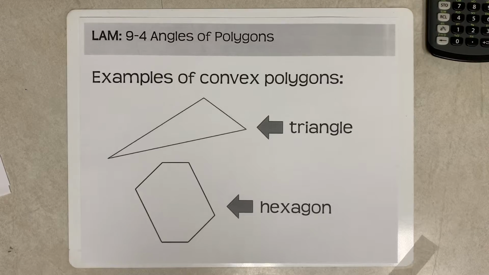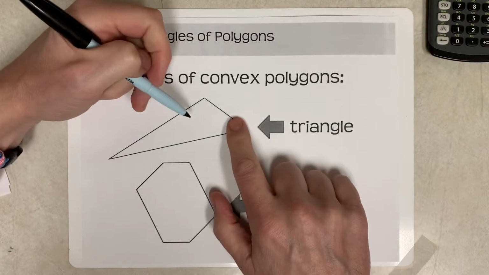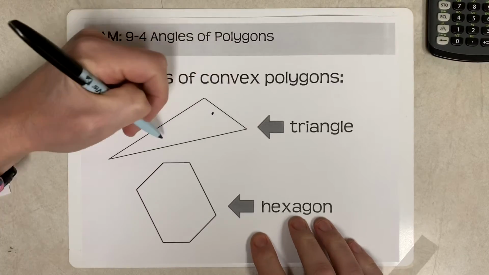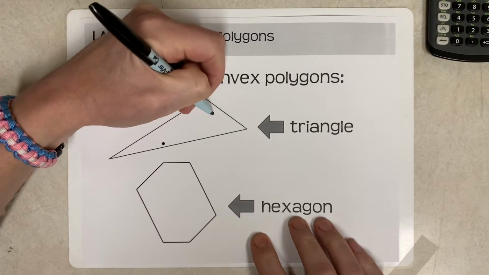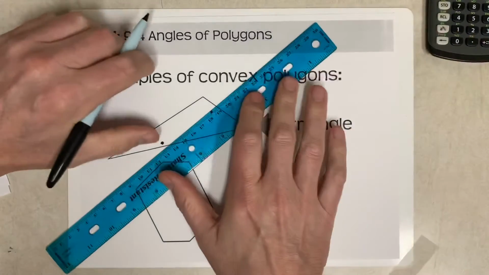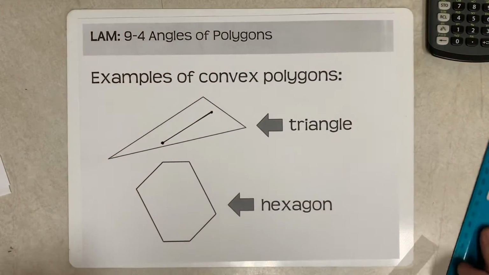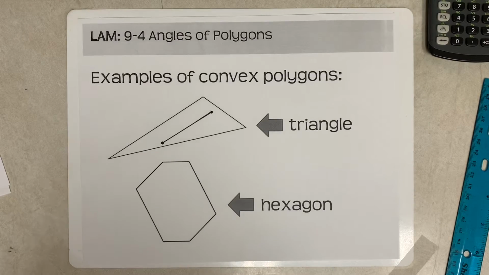So for instance, if I take any 2 points in this triangle and I connect them, let's say here and here, then the whole entire line segment will fall inside the figure, and it does. I could also pick a couple of points that are on the outside.